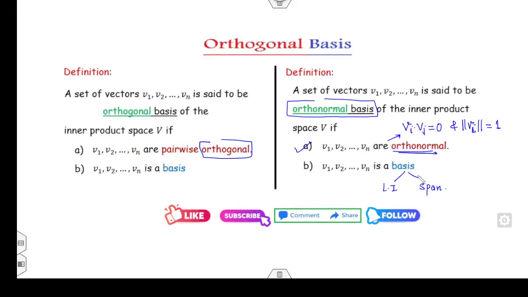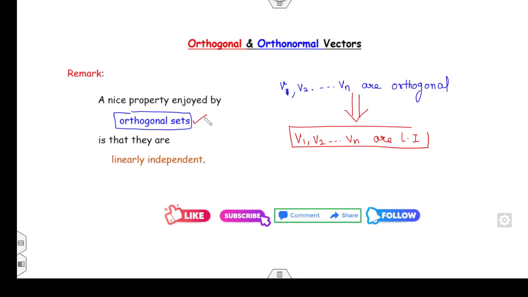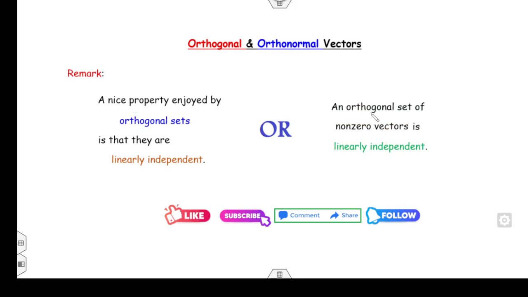Because in order to prove that it is a basis, you need to prove linear independence. But if you prove that the set of vectors is orthogonal, then there is no need to prove they are linearly independent. They are automatically linearly independent. That means every orthogonal set of non-zero vectors is always linearly independent.